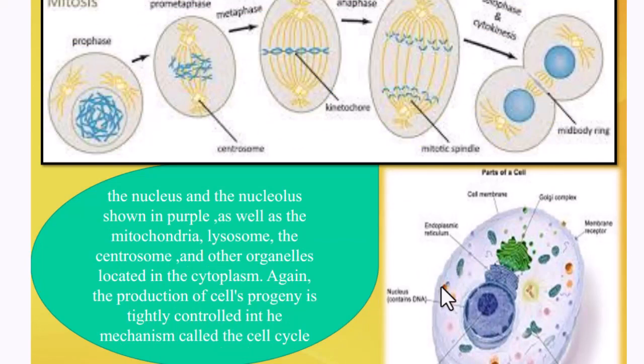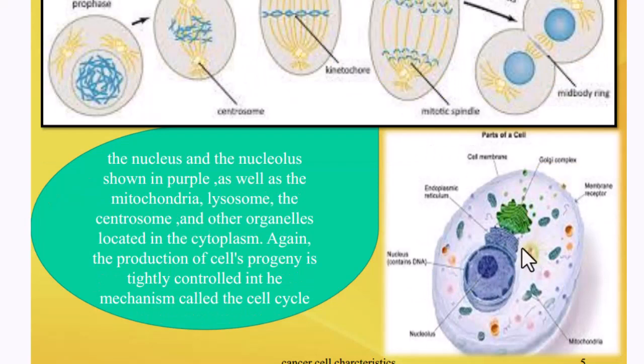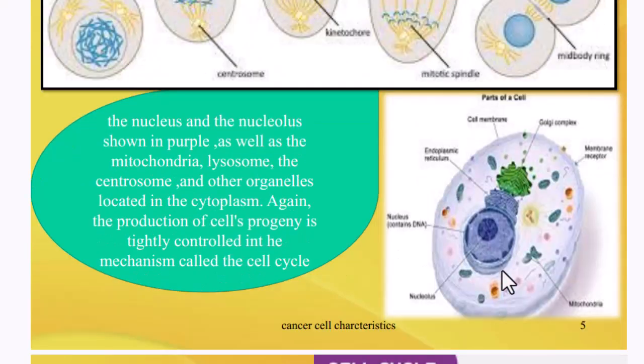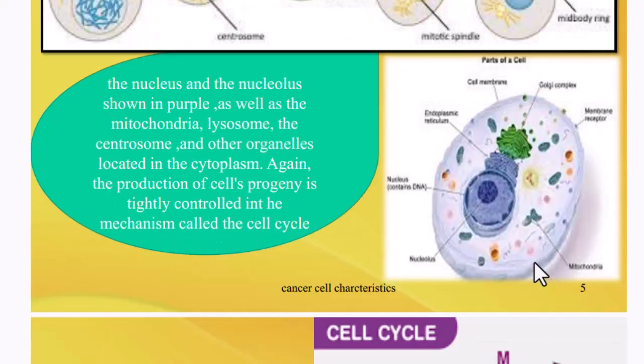Inside the cell there are organelles: the nucleus, the nucleolus, as well as mitochondria, lysosomes, and centrosomes, located in the cytoplasm. The production of cell progeny is tightly controlled by a machinery called the cell cycle.